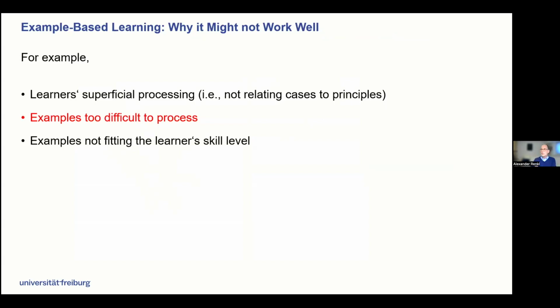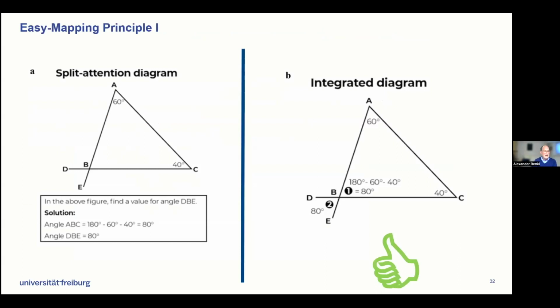Are examples too difficult to process? I show you something from classical studies, old studies by Sweller, who was once surprised to find another worked example effect in the following case. When the solution was in a split attention format or diagram, I mean, that's the usual way we do it in Germany.